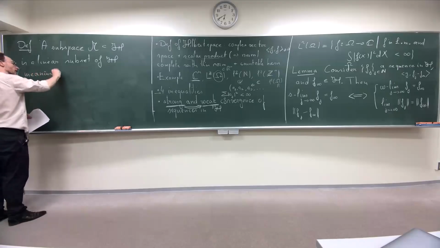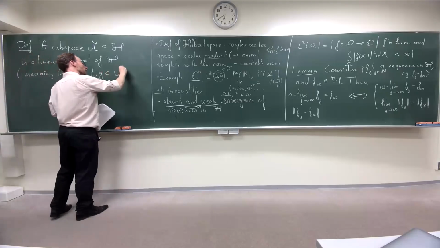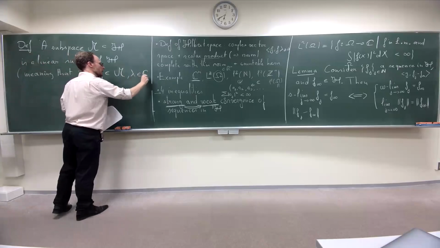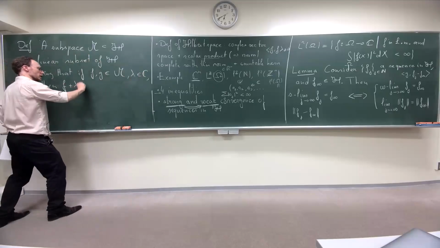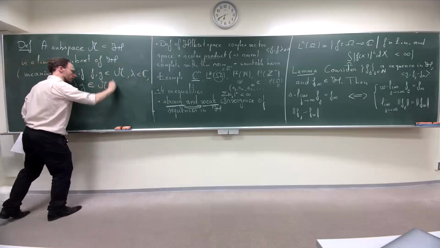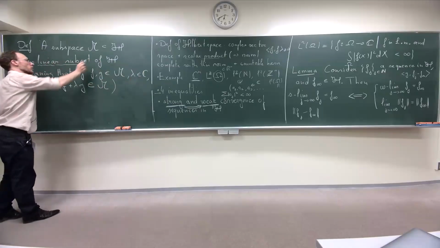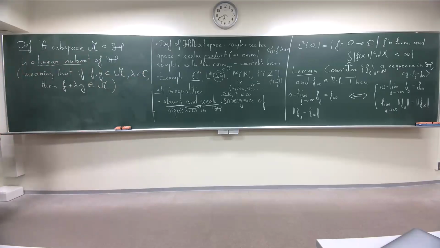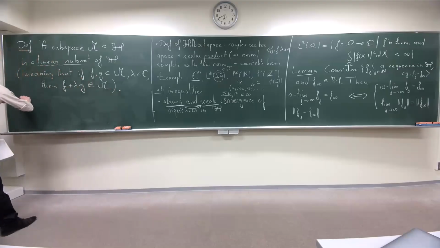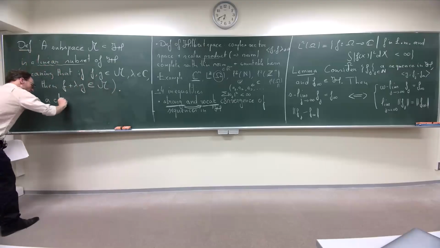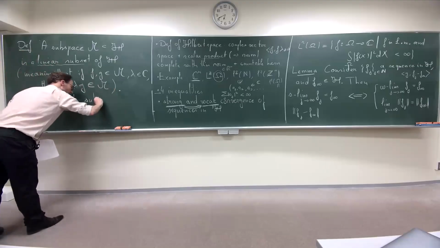Meaning that if you take two elements F and G in M and you take a lambda in C, then F plus lambda G is also in M. This is a notion of linear subset. You can do linear combinations and you stay in the same subset. So this is the definition of a subspace, and M is a closed subspace. This is more interesting, closed subspace.